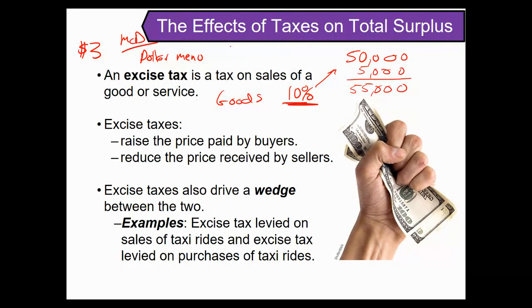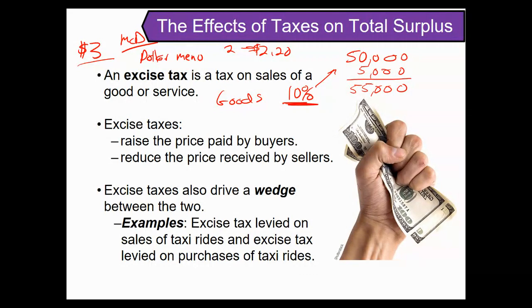No, I can't. I can only buy two because of the sales tax, because I'm going to have to pay $2.20 for my McDonald's sandwiches. Even though they're a dollar a piece, and with $3, you would think I could buy three items. I lose purchasing power because of the sales tax that puts on a product here. So the excise tax drives a wedge.